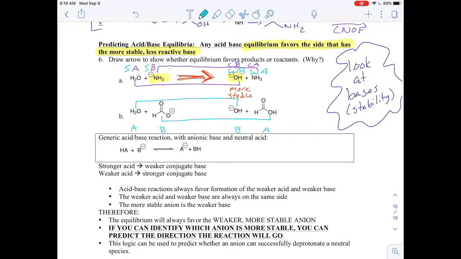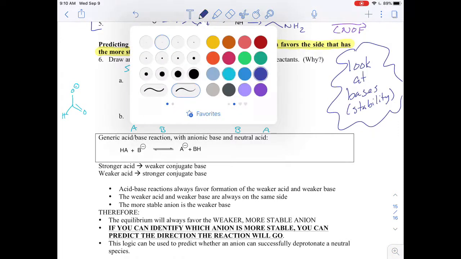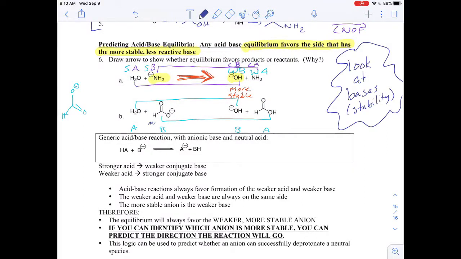Well, they both have a negative on the oxygen, but why can't I draw it like this? So based on resonance, this is the more stable base. So the more stable base means that there's a stronger acid creating that.